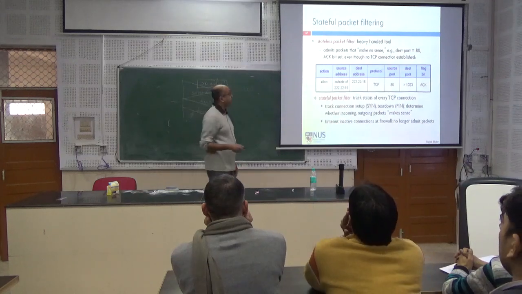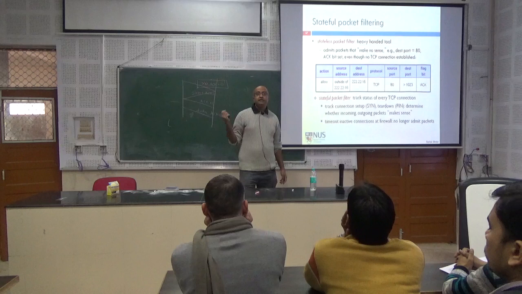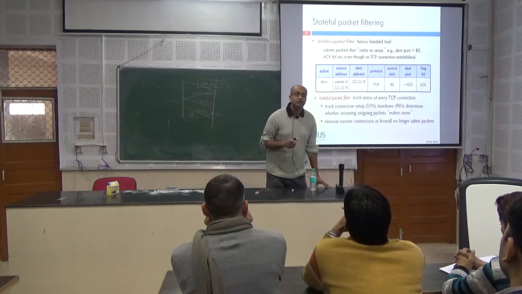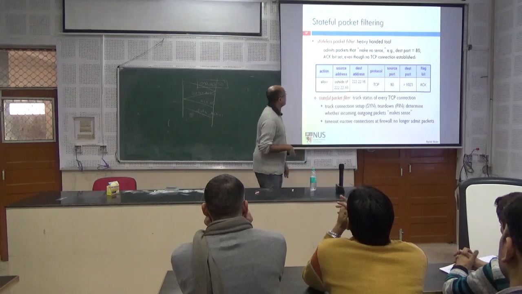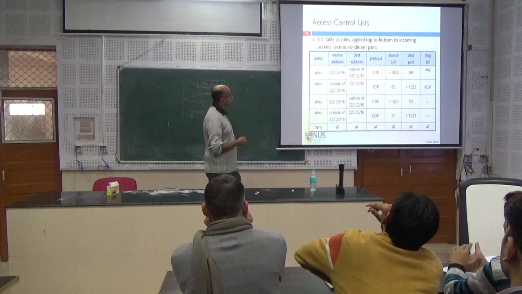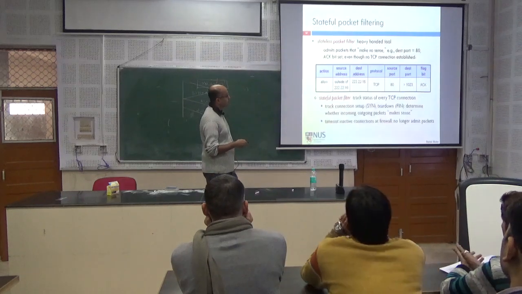Now, that one was stateless. So I just look at each packet individually. Right? Sometimes that can get me into trouble. If you look at the previous one, I had this line.